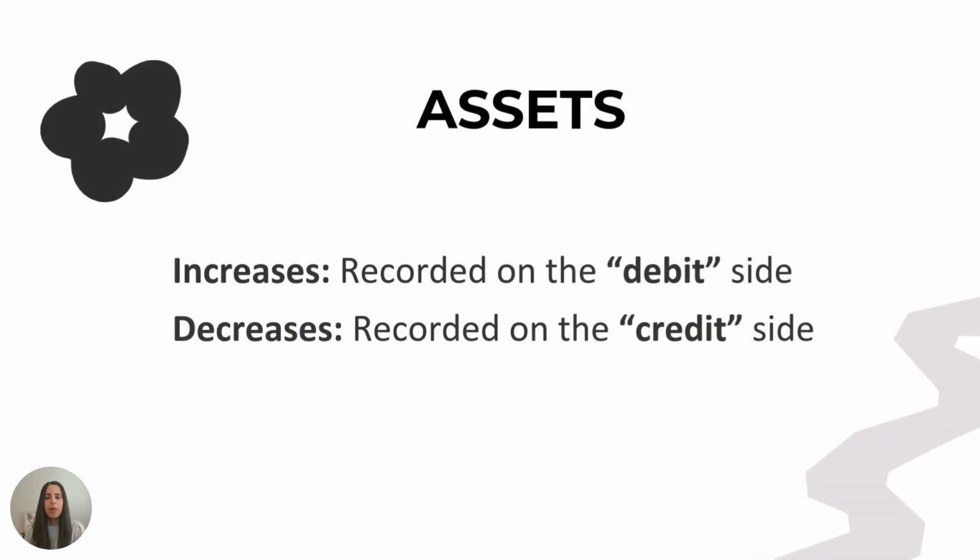Now, if we go into each individual financial statement element, we'll start with assets. We'll talk about what it means to have a normal balance. So assets have a normal balance on the debit side. Every time an asset is increased, we're going to record that increase on the debit side. But if we have a decrease to the asset, we're going to record that onto the credit side.